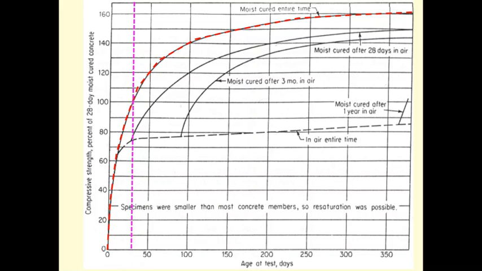During construction, this is a graph that shows you the compressive strength. The vertical axis is the strength relative to the concrete at 28 days, the reference. Usually, if you go to ASTM or TAS, when you test the concrete, it's required to cure the concrete for 28 days as the reference.